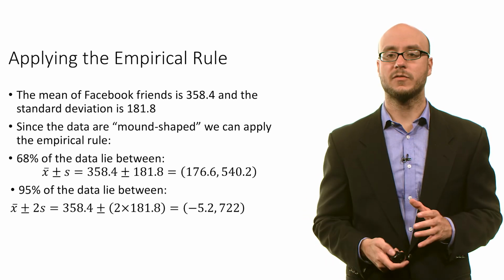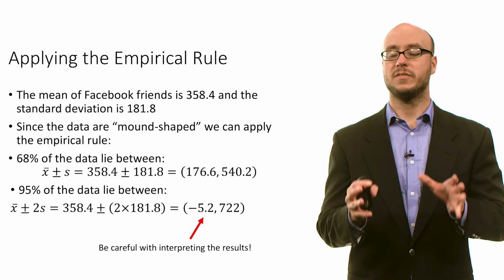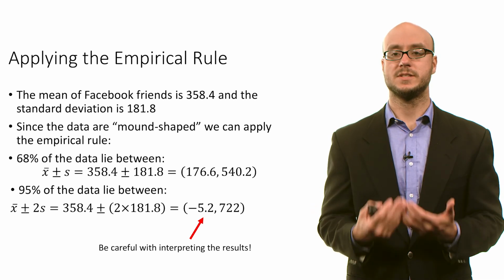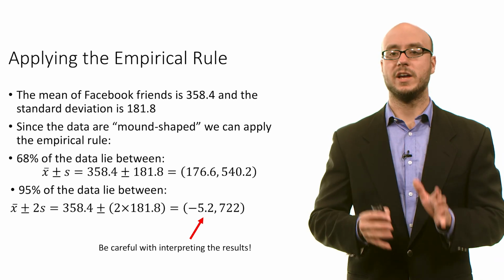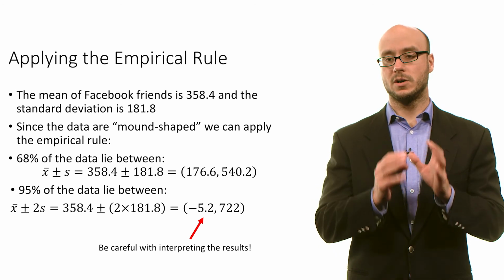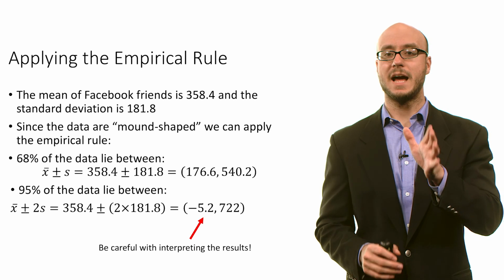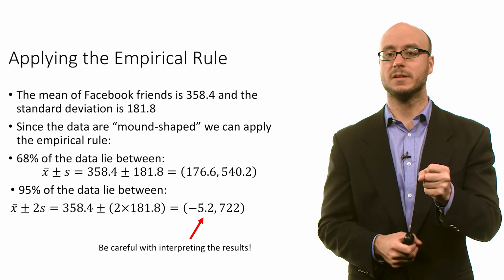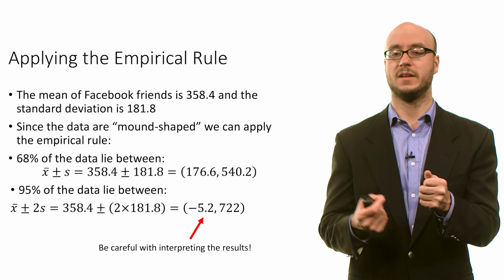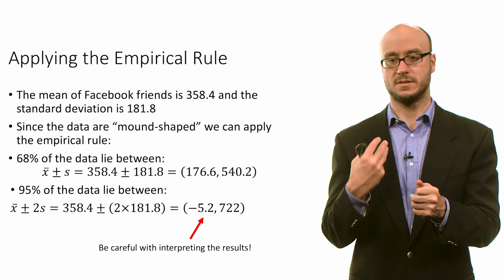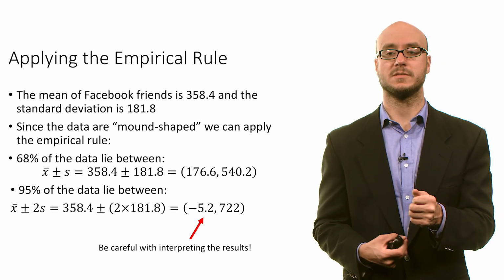You have to be careful with the empirical rule because negative 5.2 doesn't make substantive sense. You can't have negative friends on Facebook. So what this interval is really telling us is that 95% of the data lie between 0 and 722, because negative values for Facebook friends don't make intuitive or substantive sense.